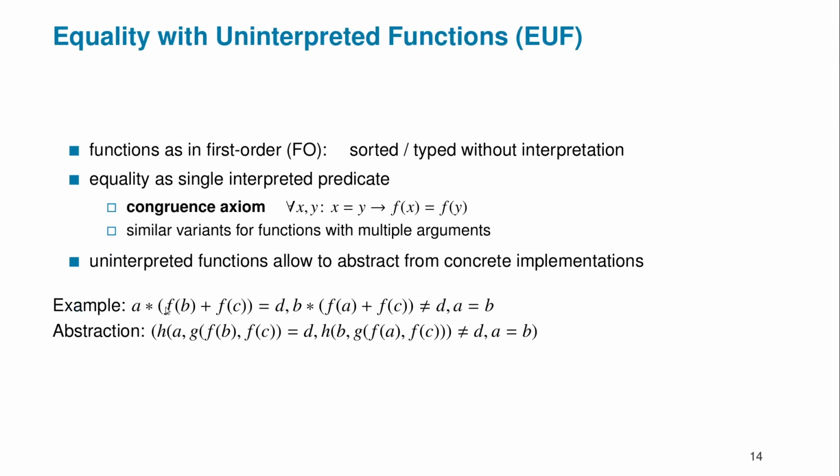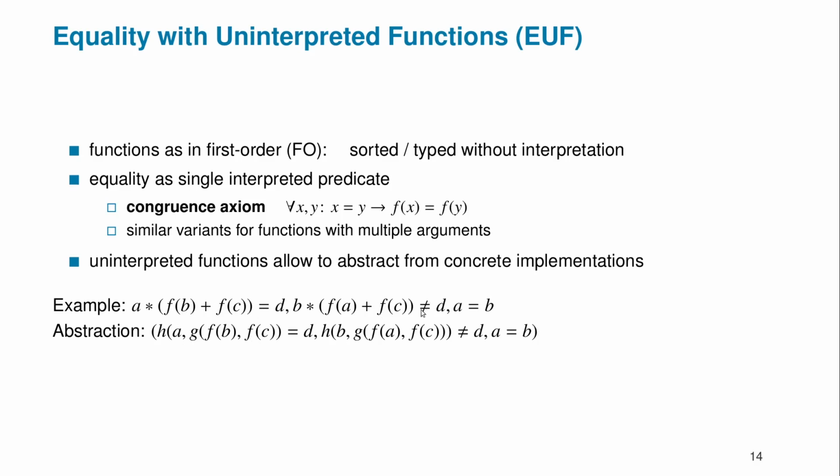because this original formula has fewer interpretations that could be models, and therefore if this more relaxed abstraction is already unsatisfiable, then also the concrete formula has to be unsatisfiable.